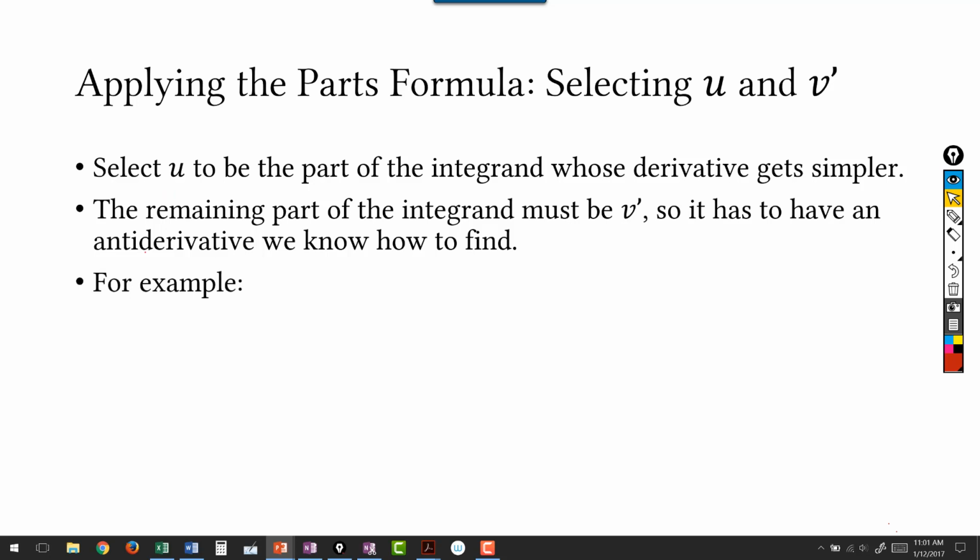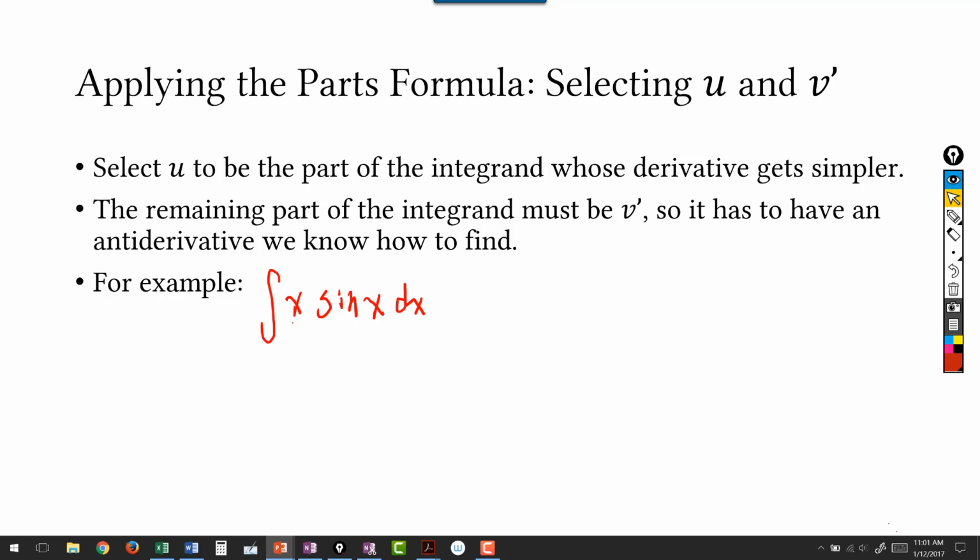So for example, if we take a look at the ones I wrote before, if we were doing the integral of x sine x, well, if I tried to let sine x be u, then the derivative would be cosine x. That's not really any simpler, it's about the same.